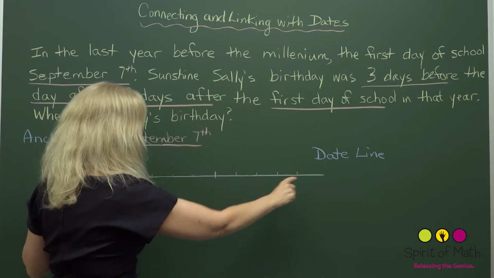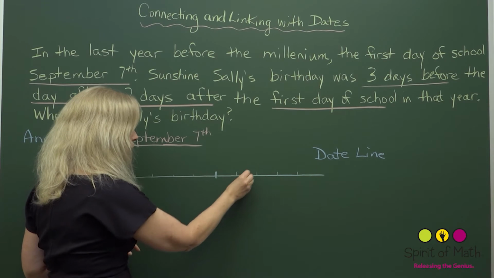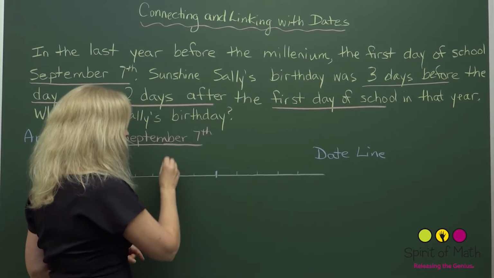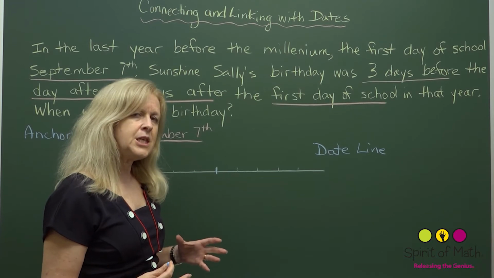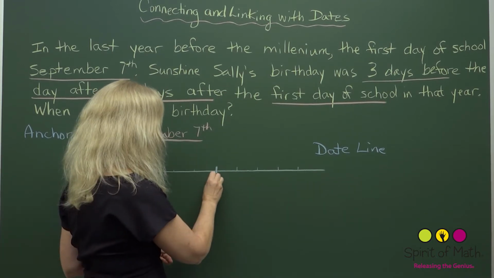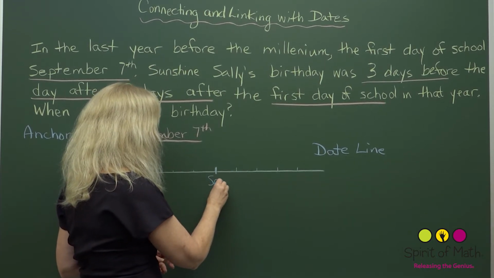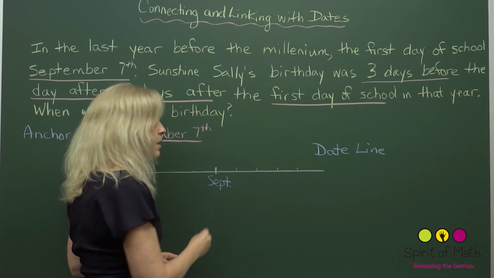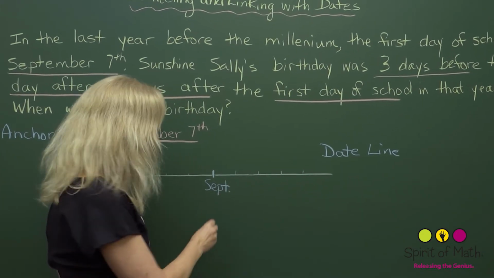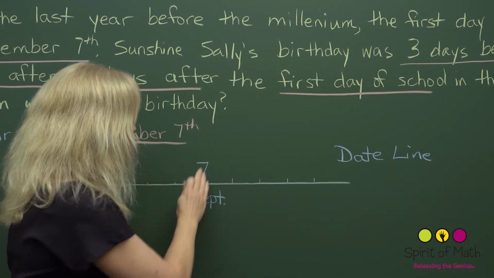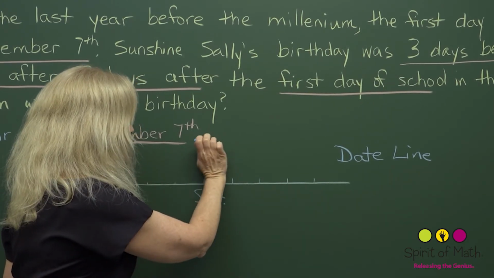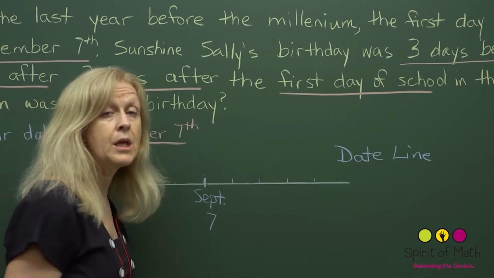And on this date line, you can have little ticks for each day. And usually you start with the one date that you know, and this date will be September the 7th. So I'm going to write the short form for September, which is SEPT, and I'm going to write 7. I'm going to put it underneath, not on top, because I'm going to use on top for something else.